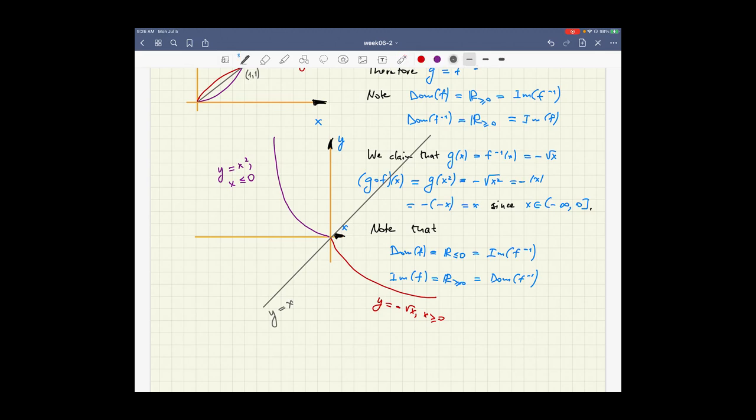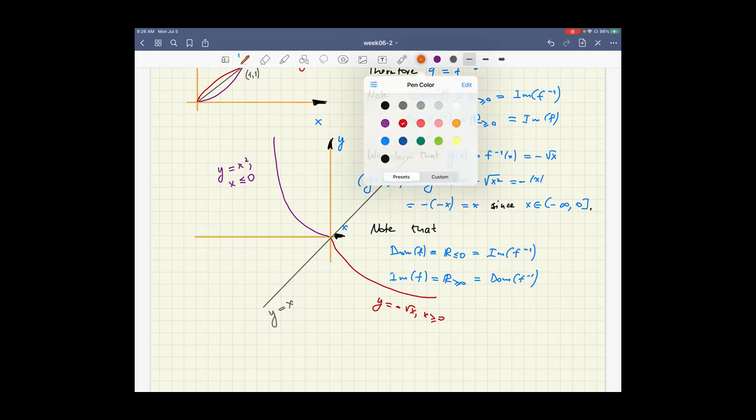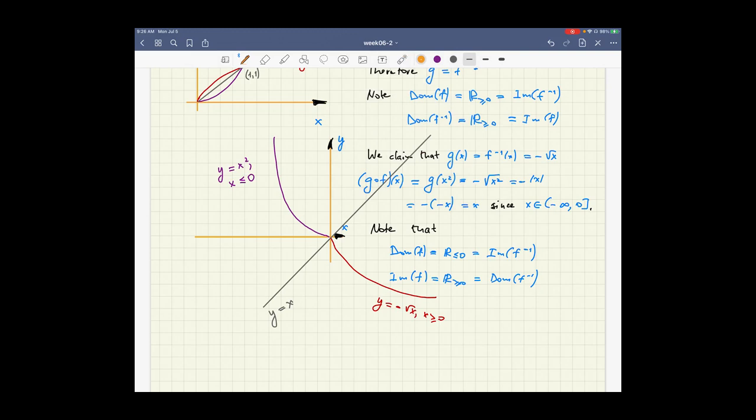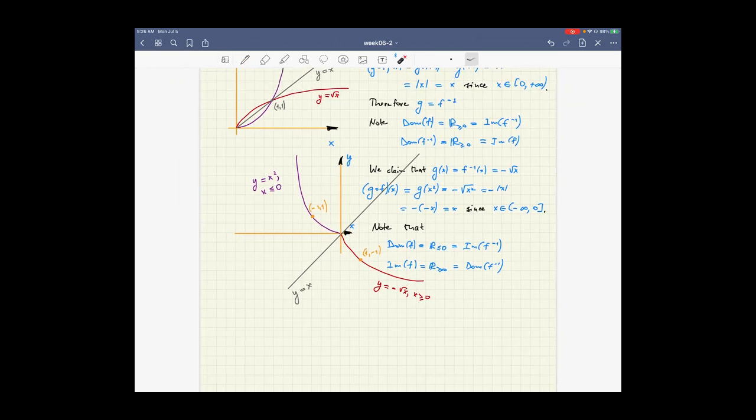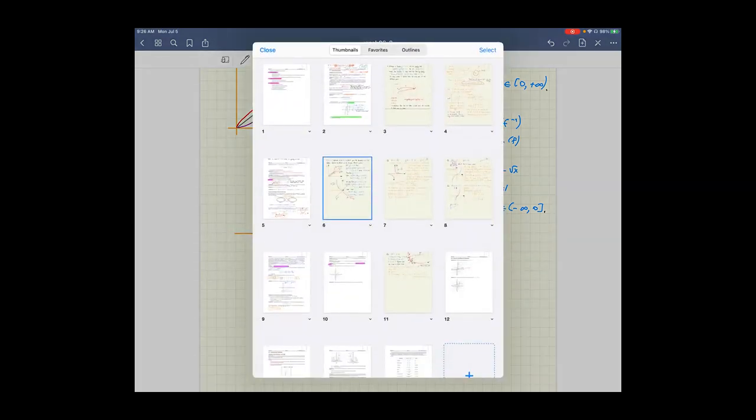The point negative 1, 1, for instance, is symmetric to the point 1, negative 1. That is a very important property. But let us explain why this is true in general.